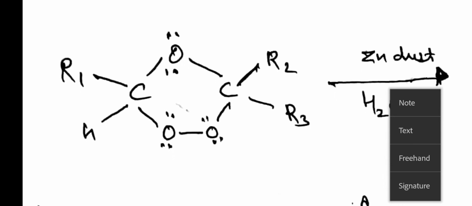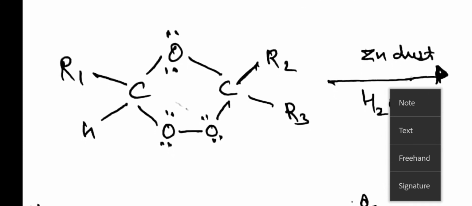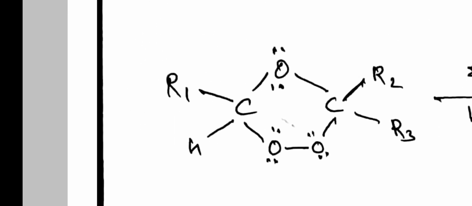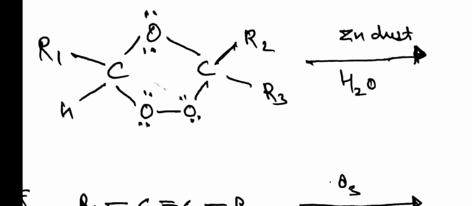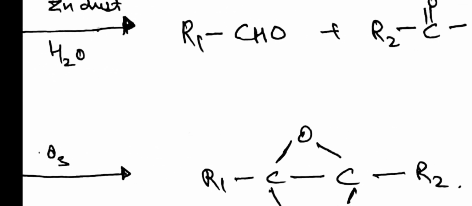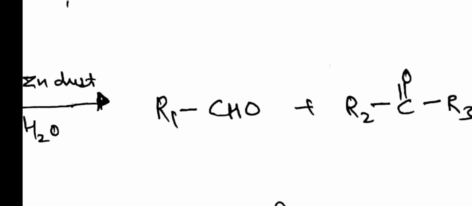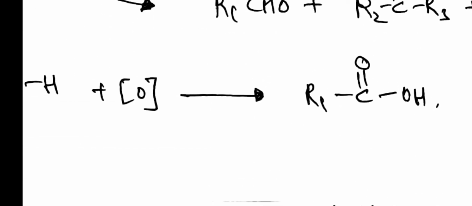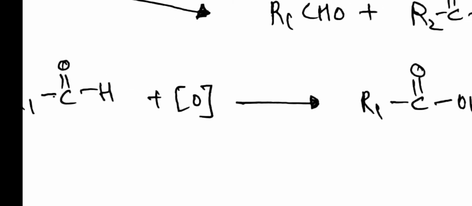If you obtain the ozonide species and, instead of just water, add zinc dust along with water, you will get R1CHO plus R2C double bond OR3. There is no oxidation of the aldehyde, so this is called reductive ozonolysis.